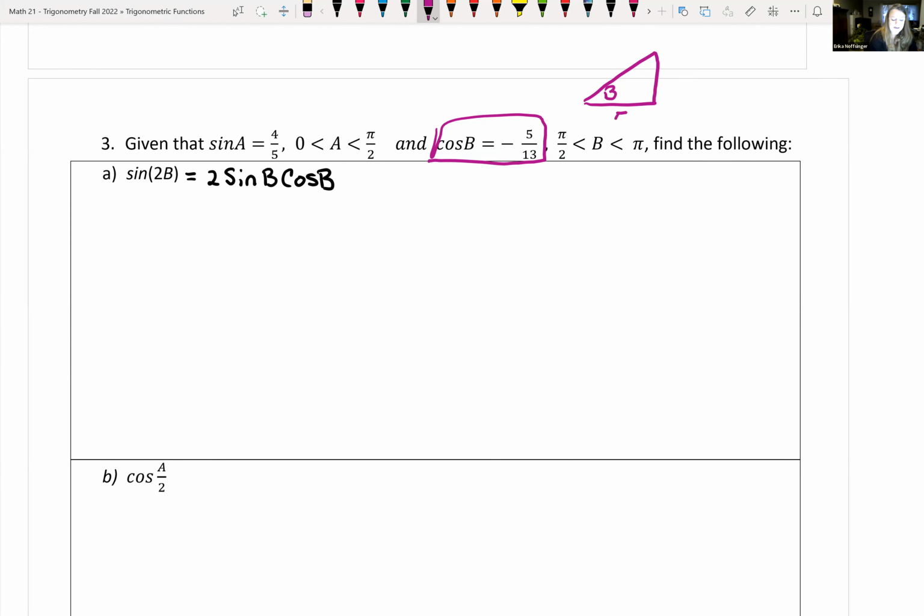So rewriting that in my triangle. And now we need to find out what the opposite side is. And so my opposite side here, little b is going to equal the square root of my hypotenuse squared, so 13 squared, minus the adjacent side squared, so -5 squared. So this is equal to the square root of 169 minus 25. This is equal to the square root of 144, which is 12.